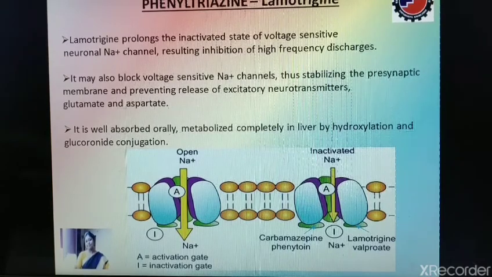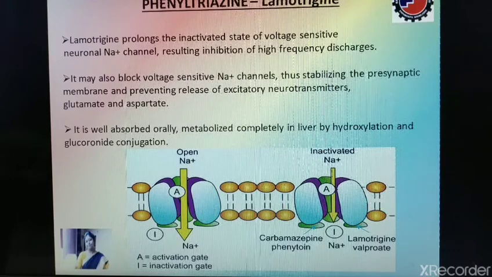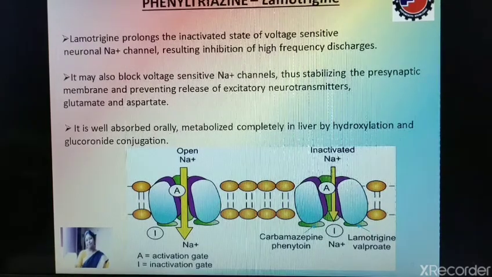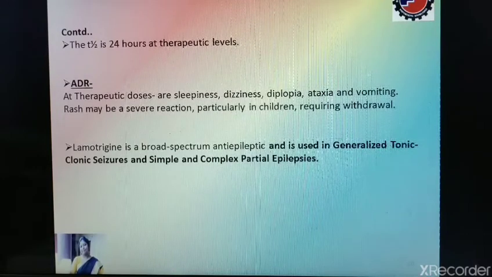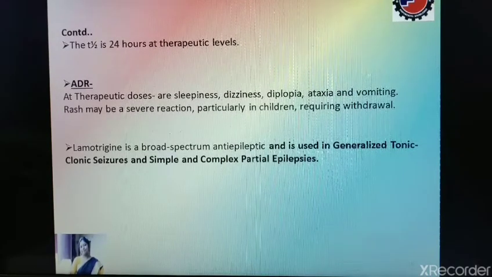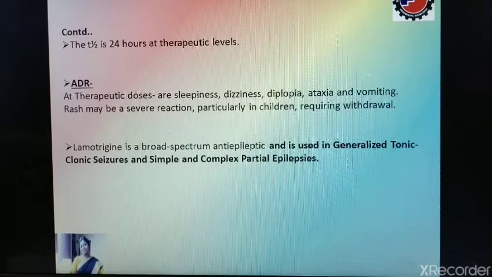It is absorbed orally, metabolized in the liver by hydroxylation and then glucuronide conjugation. The half-life of lamotrigine is 24 hours but is reduced to around 16 hours in patients who are receiving therapy of phenytoin or carbamazepine or phenobarbital at the same time.